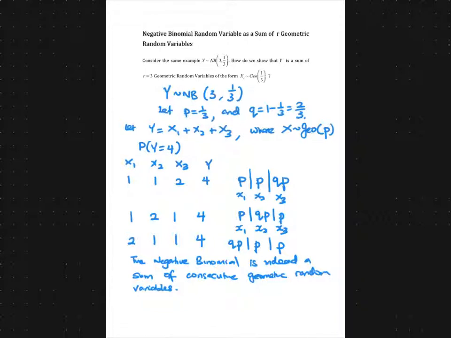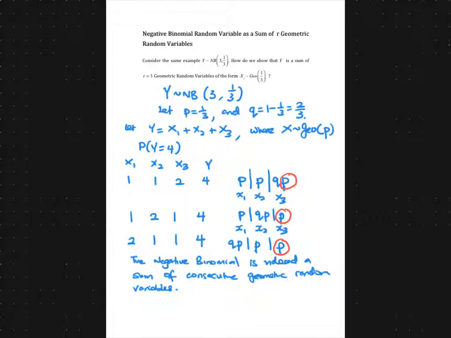You can also observe that the last value is always p, which is true of negative binomial as we have found earlier.